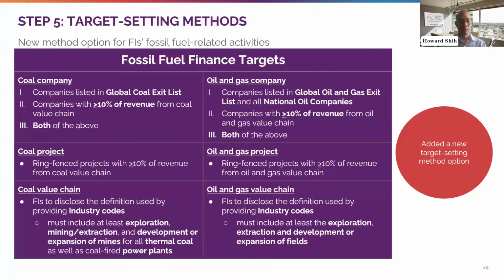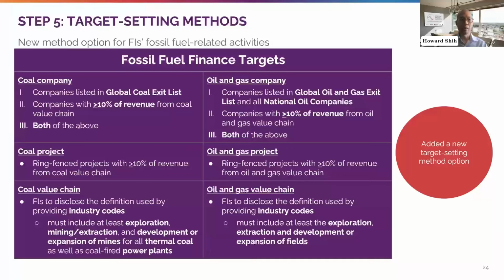Now, in terms of defining the value chain, here FIs will need to disclose the definition that they are using. And so they will need to provide the industry codes that they are using. So for example, for coal, we've added some guardrails there where the value chain has to include at least the upstream segment. So that's exploration, mining or extraction, and development or expansion of mines.